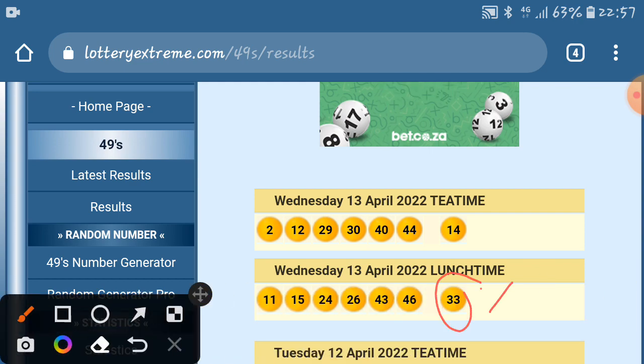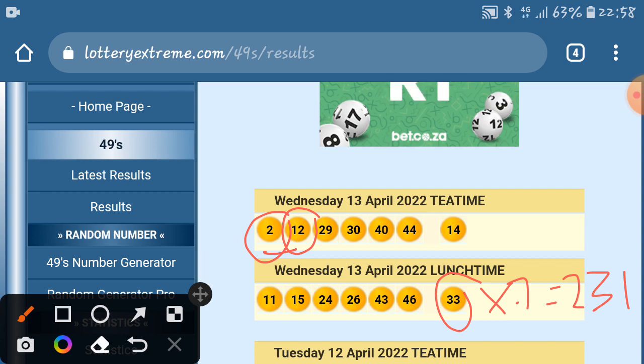33 multiplied by 7 equals to, let me just calculate it again. 33 multiplied by 7 equals to 231. Okay, 231. We've got 2 here and we've got a 12. Okay, those are the numbers that we have.